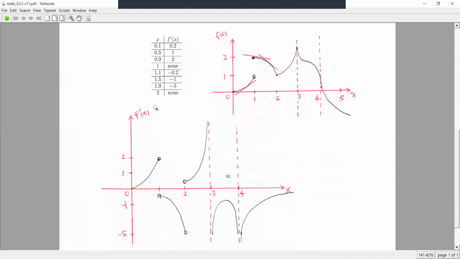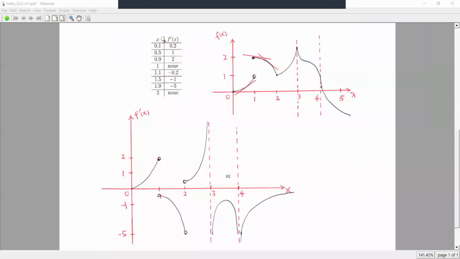Then connect the points with a curve. Then this is a sketch of the graph of the derivative function on the interval 0 to 2.